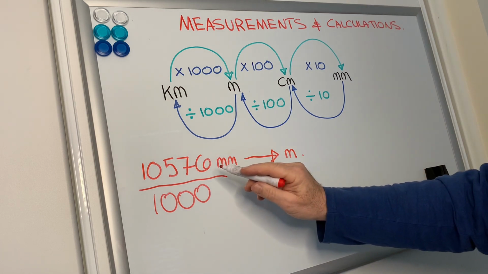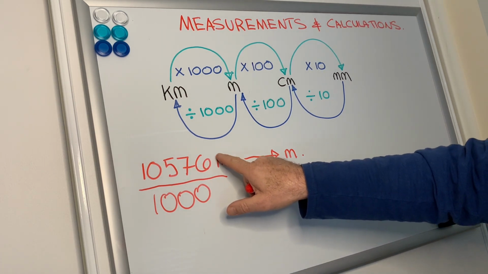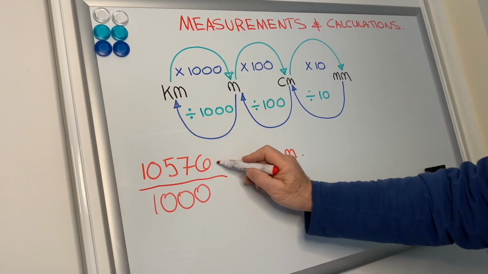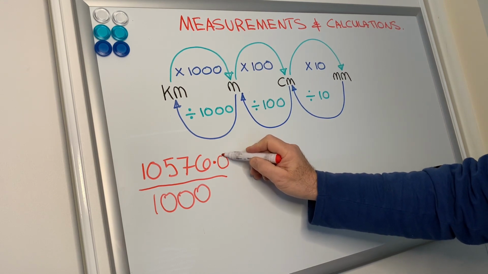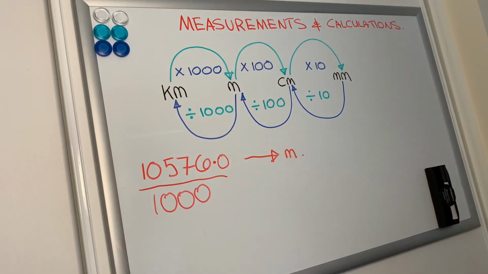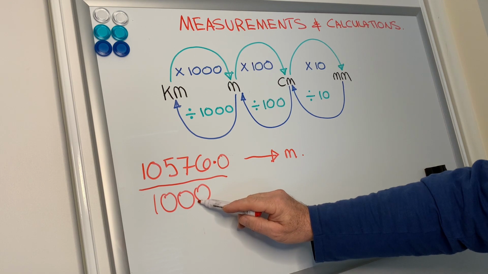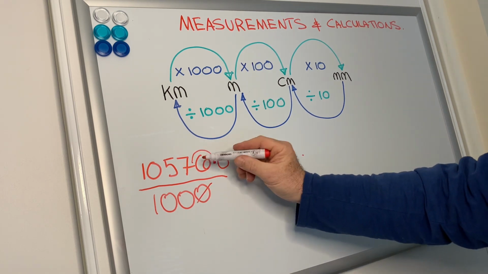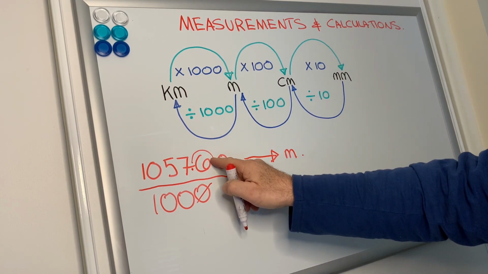So the 10,576 millimetres, if I take millimetres out just for one moment and I put in there 0.0 just as an example, I always like to put the decimal point in. It just helps students, and I'll explain why. When we cross out this 0, we can move that decimal point to there. And I like to put a decimal point there, and I take this one out.